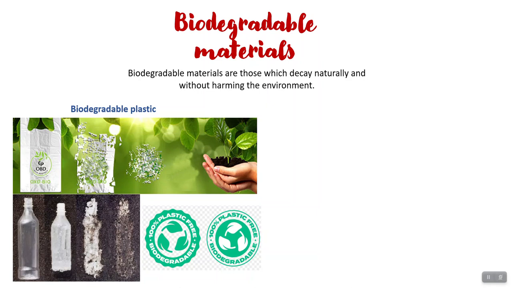They decay very quickly. They can become compost that is used for plants. Even some bottles are now made in biodegradable plastic. Below you can find some symbols on products which indicate that the product we are buying is made of degradable plastic.